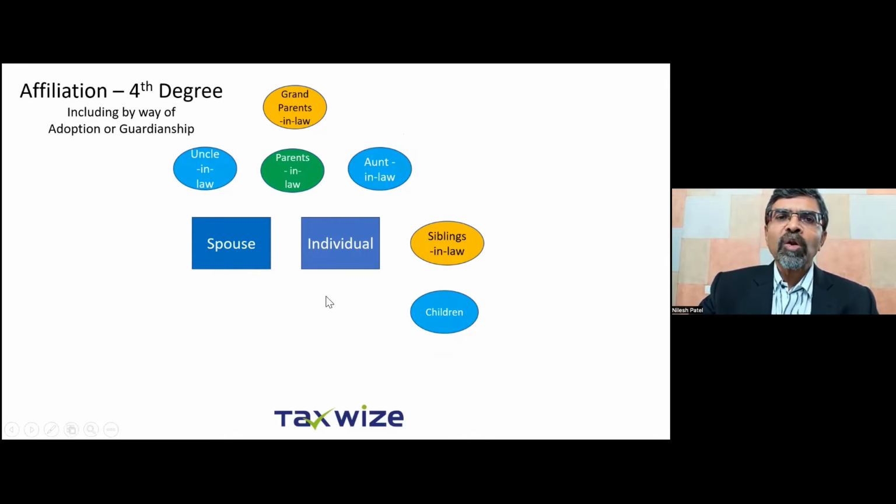Of course, this includes any adopted relatives, adopted children, etc., and guardianship, where somebody is appointed as a guardian or a parent by any court order. The fourth degree of affiliation is cousins-in-law.